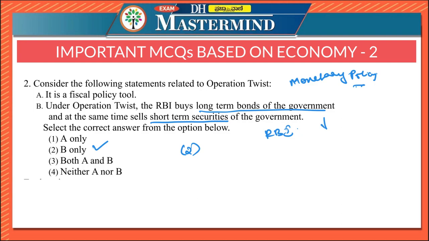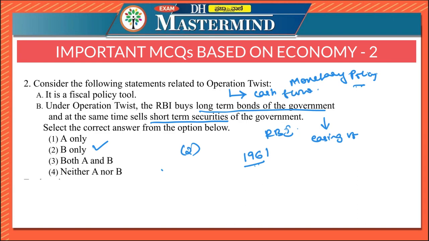This Operation Twist first appeared in the year 1961 as a way to strengthen the US dollar and stimulate cash flow into the economy. You also have to remember that Operation Twist stimulates the cash flow into the economy.